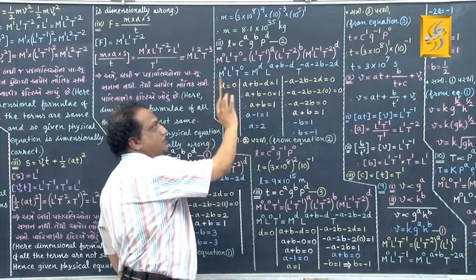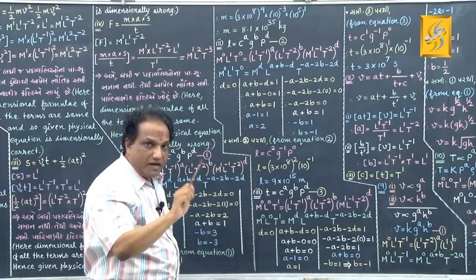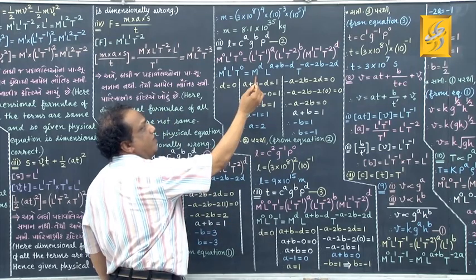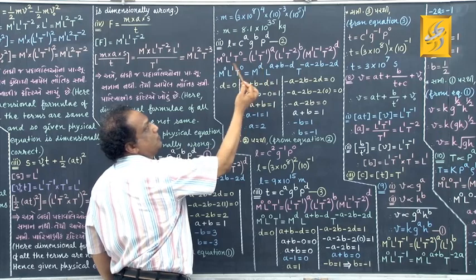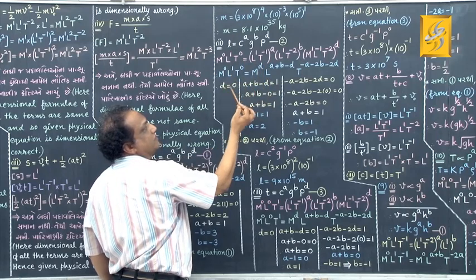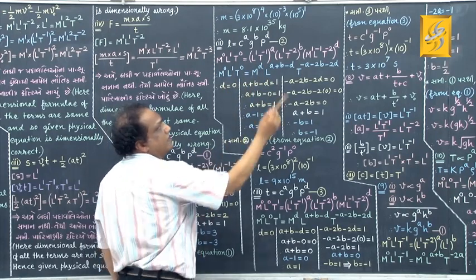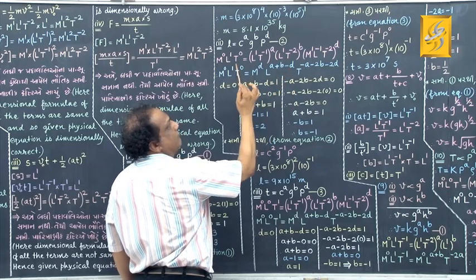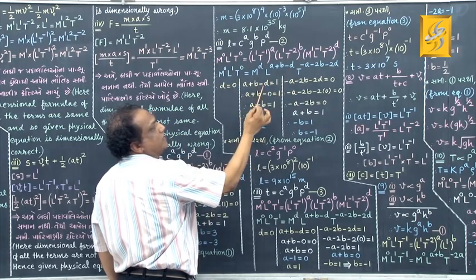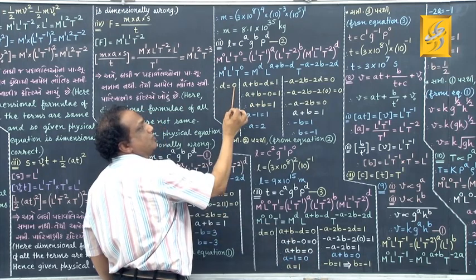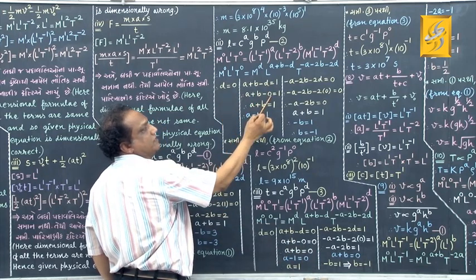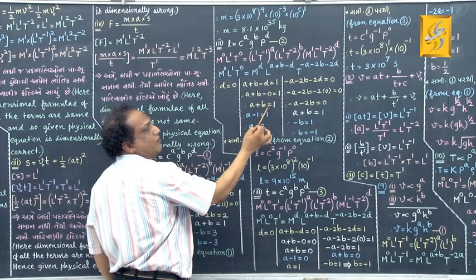Now on both the sides, you just compare powers of M, L and T. When you compare powers of M, you will get D equal to 0, here it is. Powers of L, A plus B minus D equals 1, but D is 0, put D equal to 0 here, correct. Then you will get A plus B equal to 1.